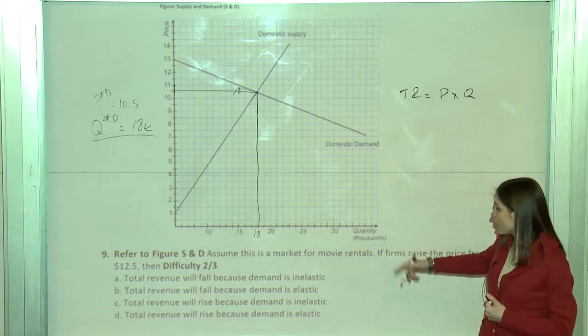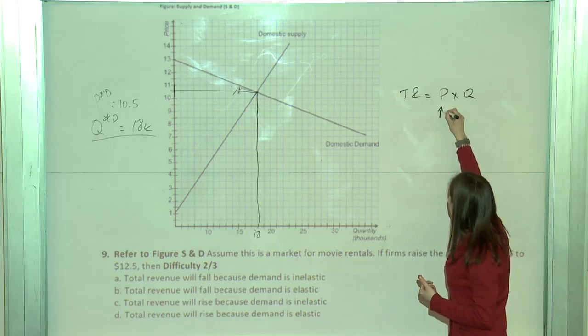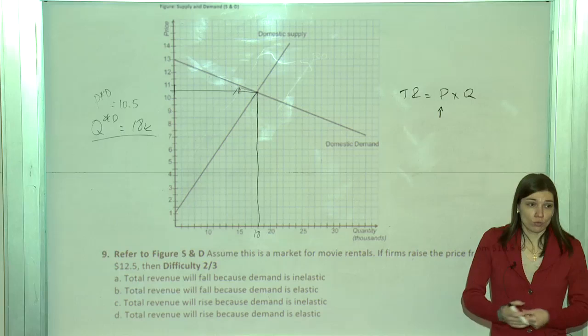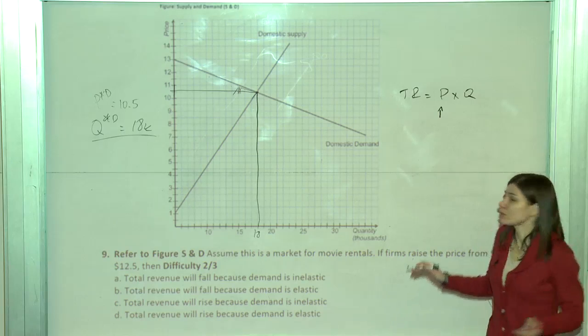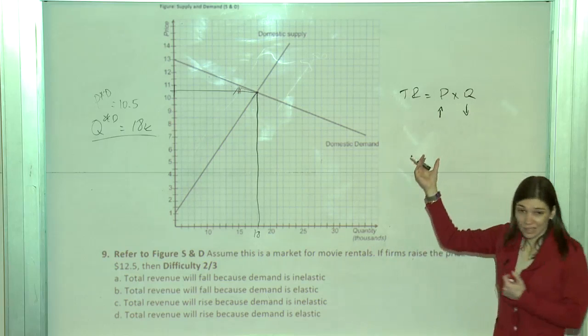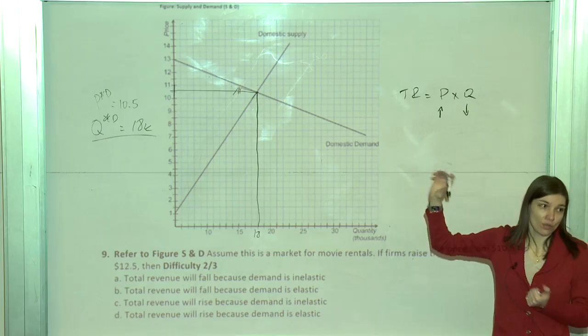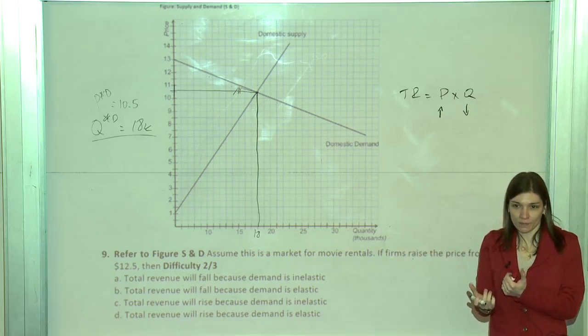In this case, what we have is an increase in price. All right, so price goes up. What's going to happen to quantity when price goes up? Go down, right? Always. That's always going to be the case. So the price goes up, quantity goes down. How total revenue changes is going to depend on the relative size of those two changes, right?